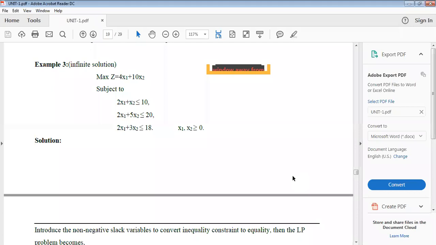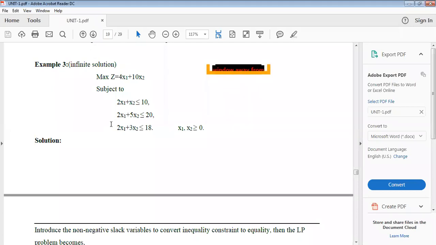Now comes the third example, which is an infinite solution. The previous problem is an unbounded solution, and the first problem is a straight simplex problem.